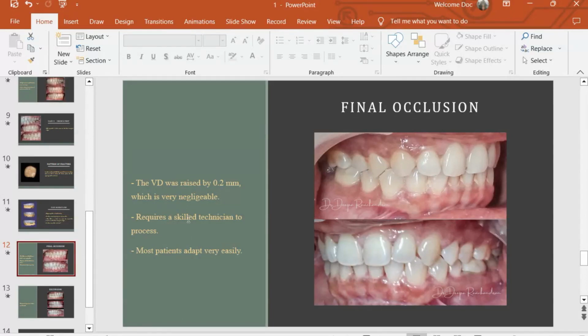Now, this requires a very, very skilled technician to process such cases. A technician has to be a little experienced, has to understand what I'm talking about, has to understand the importance of 20 microns. These are generally technicians who have some knowledge of occlusion, and they've worked on complicated cases, and they understand that up to 20 or 25 microns is the max that you can fiddle around with the occlusion and with the bite, and you cannot go beyond that.